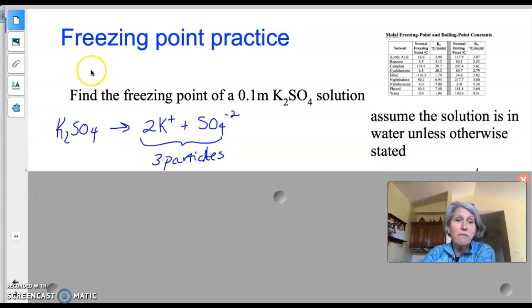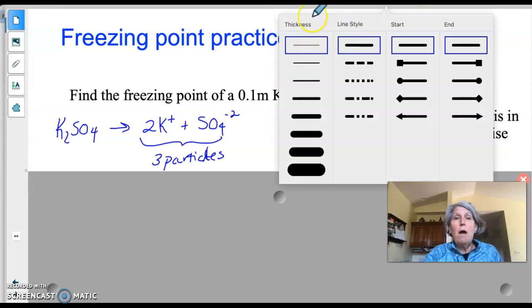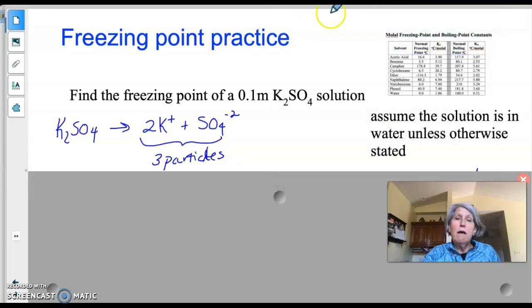Here it says find the freezing point of a 0.1, and again I meant to make that 3 sig figs just to try to stay consistent. So I'm going to go ahead and add the sig figs in on that. It's not working yet, it's because I don't have a color on.